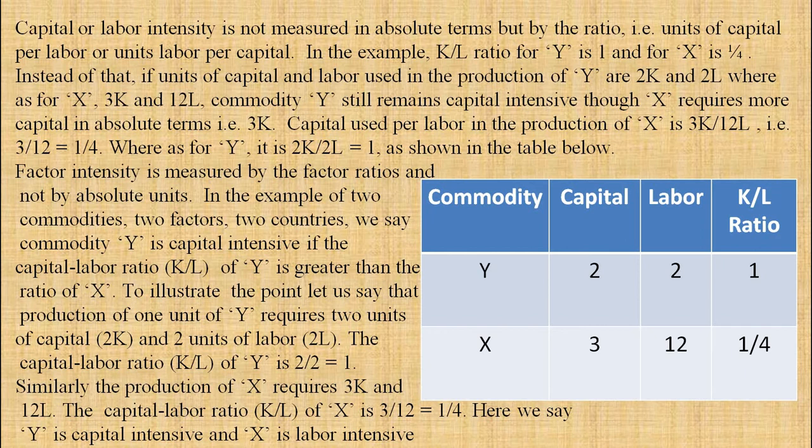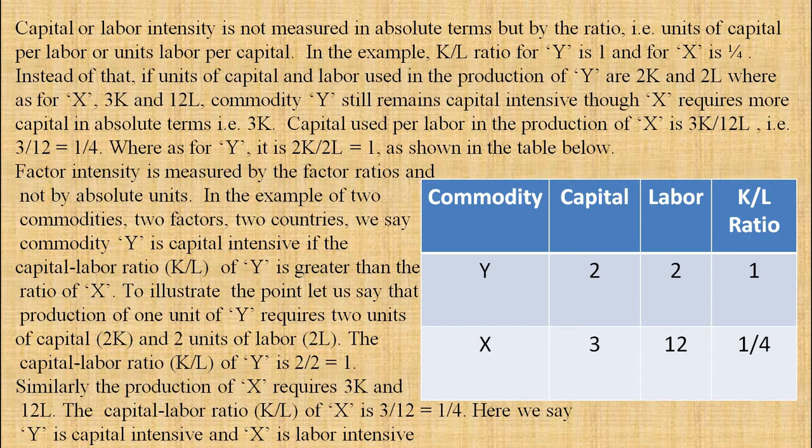In the example of two commodities, two factors, two countries model, we say commodity Y is capital intensive if the capital labor ratio of Y is greater than the ratio of X. To illustrate the point, let us say that production of 1 unit of Y requires 2 units of capital and 2 units of labor.